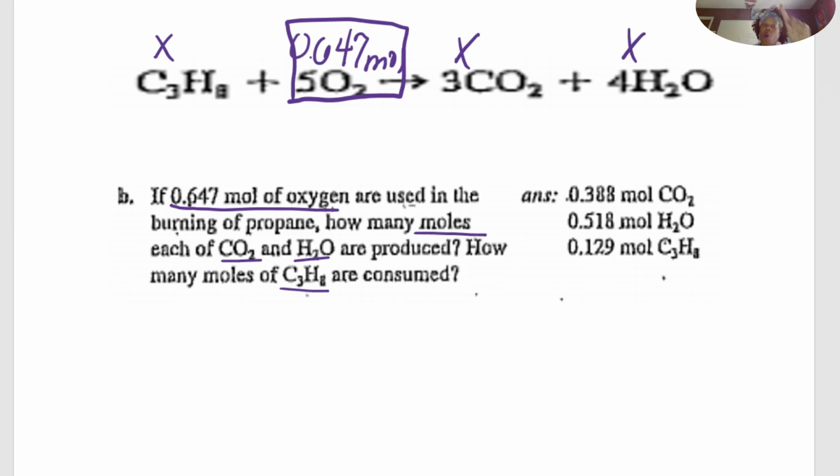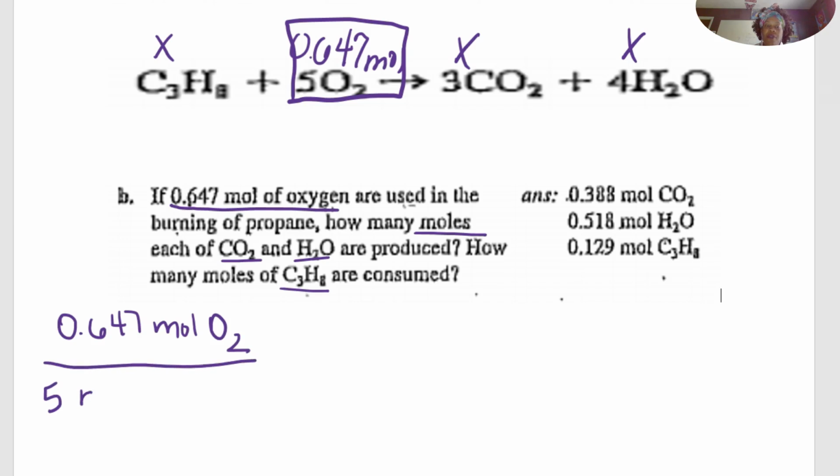You got to do them 1 at a time. But I'm going to show you a trick. When you set the problem up, what will never change is 0.647 moles of oxygen over 5 moles of oxygen. That side will always stay the same.